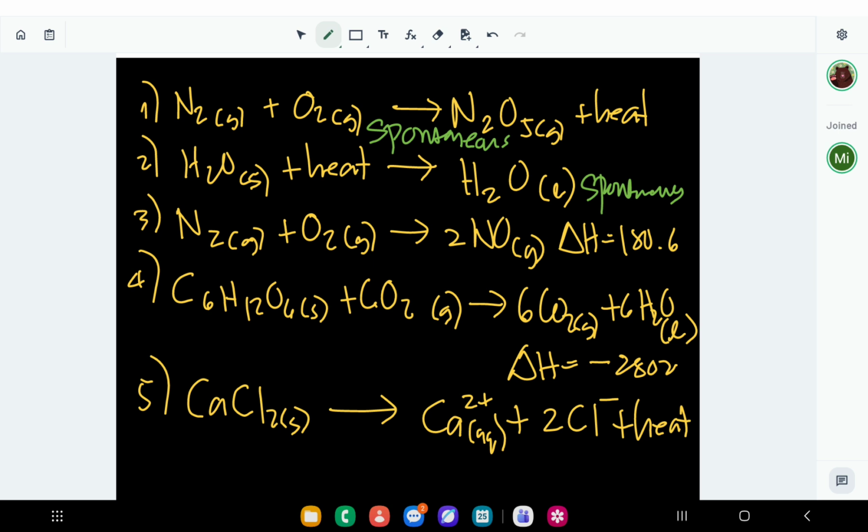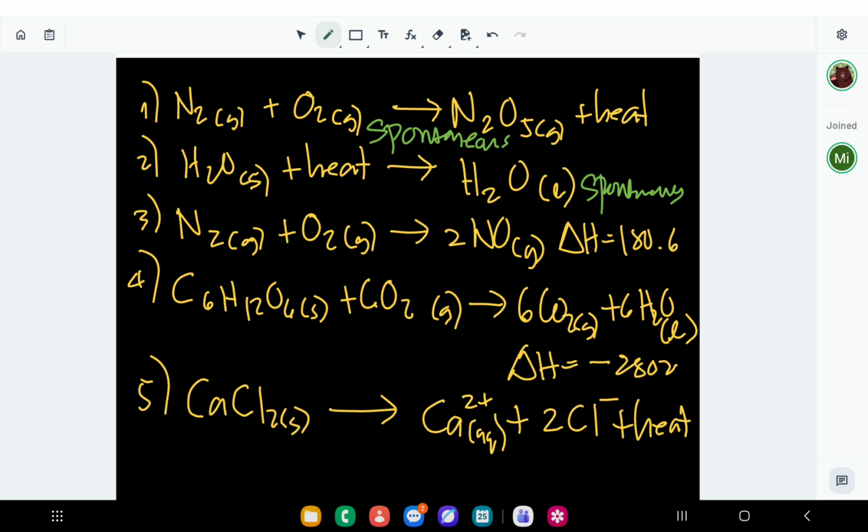What will happen here? The sign of delta S, it's from the table. Delta S is positive if it has more disorder. It's negative if it's less disorder.